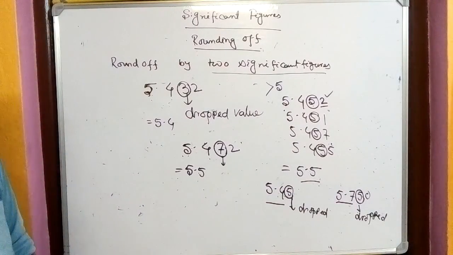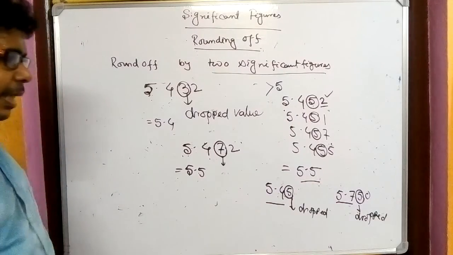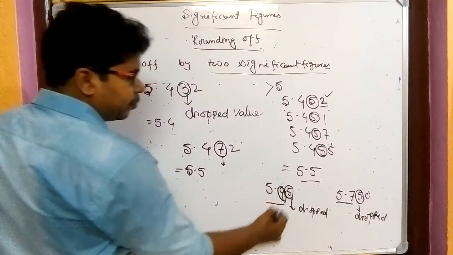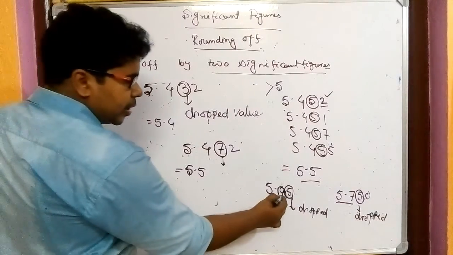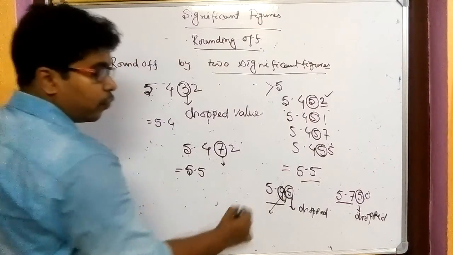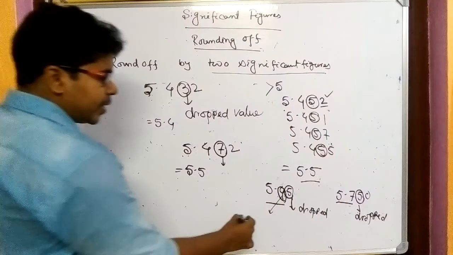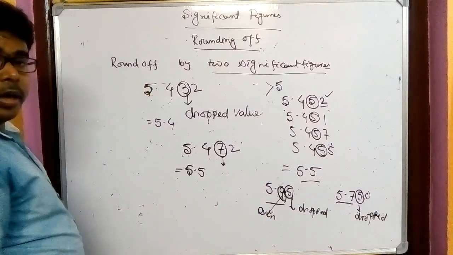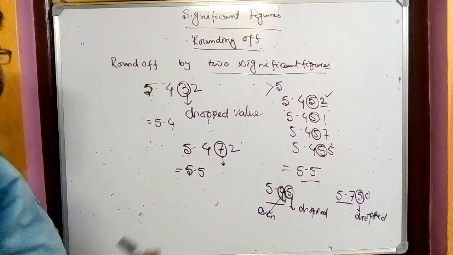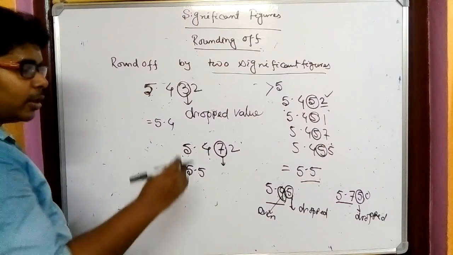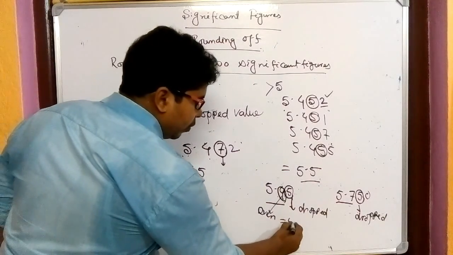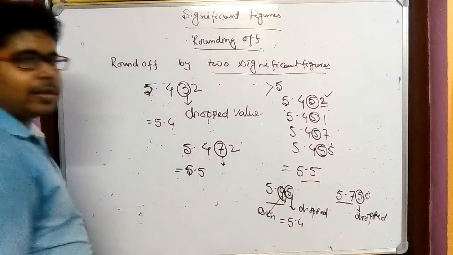Then what will be the roundup value? In this case, we have to see the previous number. Here you see it is the previous number, it is 4. And as it is 4, it is an even number. And it is the rule, if the previous number of the dropped value is an even number, then the value will be as it is. Very interesting thing.